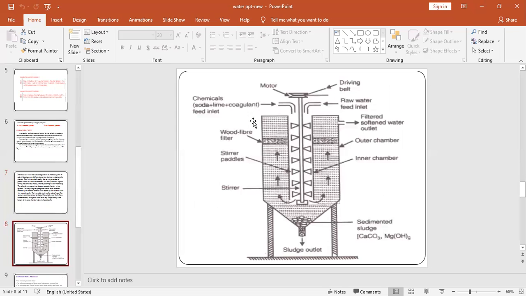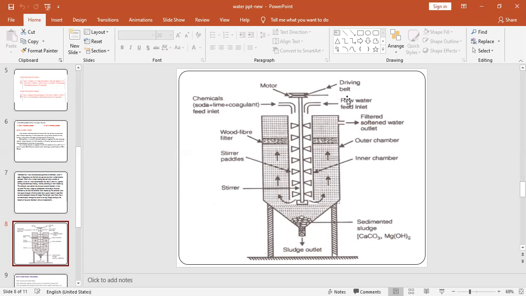So this is the diagram of the cold lime soda process. This instrumentation has two chambers: this is the outer chamber, and this is the inlet chamber. The inlet chamber contains a mechanical stirrer, which consists of funnels, and it has two inlets. One is for the addition of chemicals.